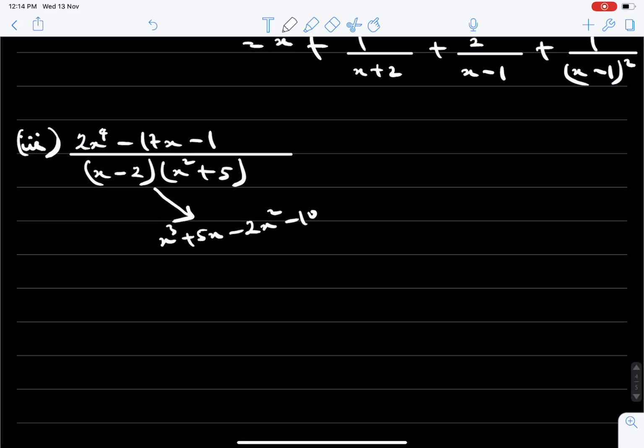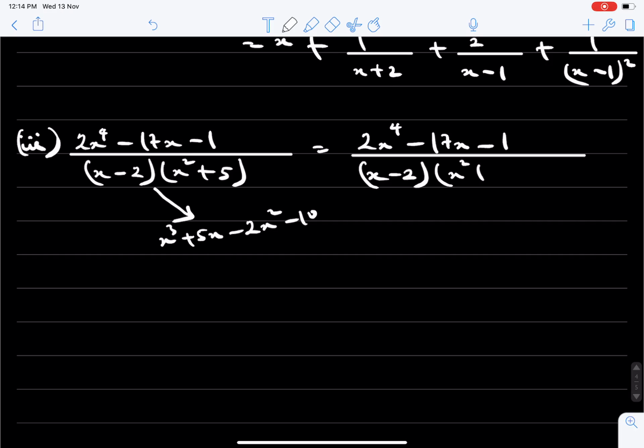So that means this fraction is the same as 2x to the power 4 minus 17x minus 1 divided by x minus 2 times x squared plus 5.